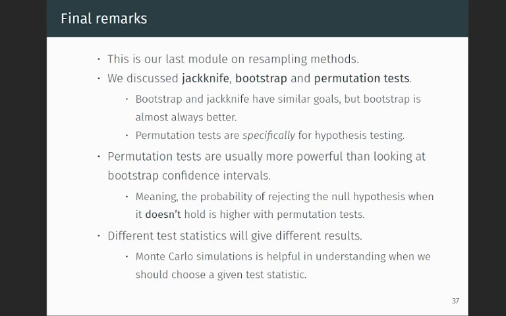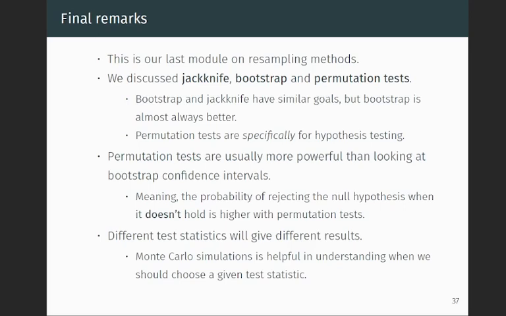But bootstrap is almost always better because it is theoretically better behaved, and especially when you want to construct confidence intervals, you have a lot more tools in your toolkit that can account for bias and also skewness in the sampling distributions. On the other hand, permutation tests are specifically for hypothesis testing.